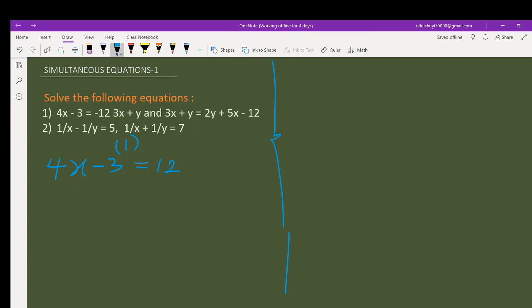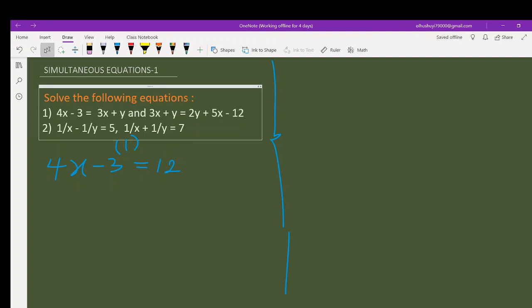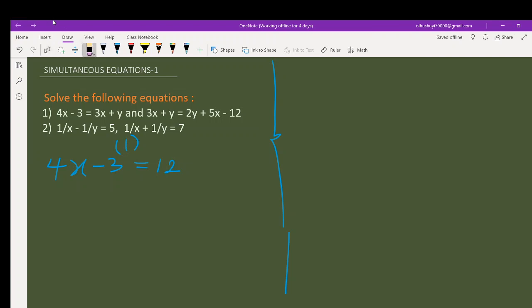So this is not supposed to be there. I have this: 4x minus 3 is equal to 3x plus y.